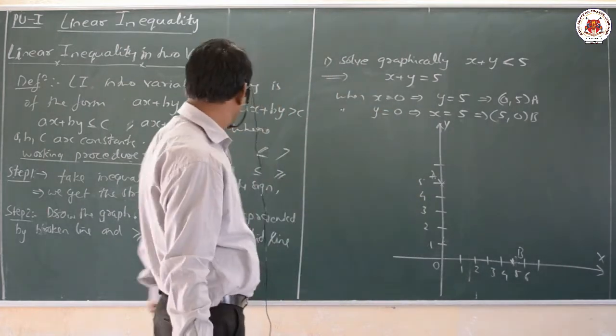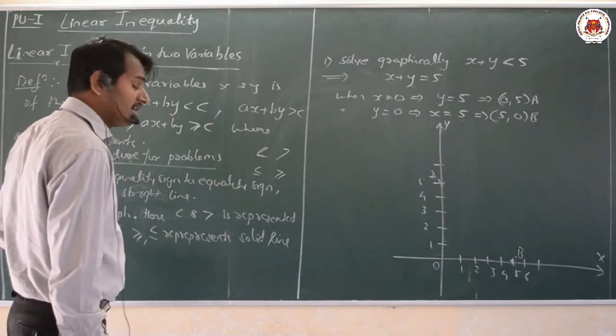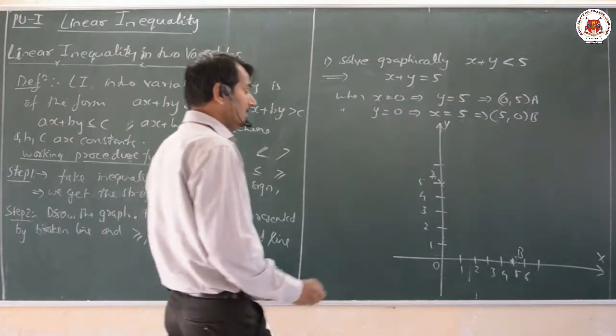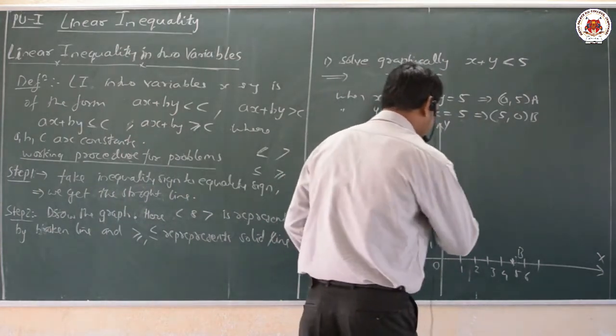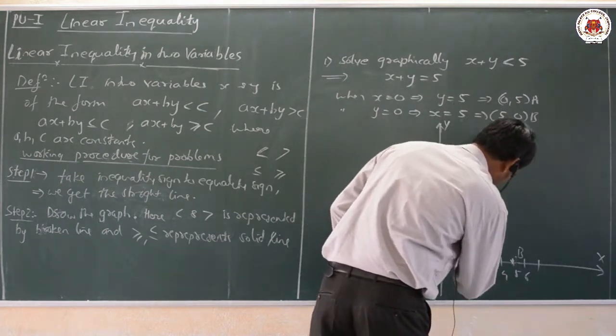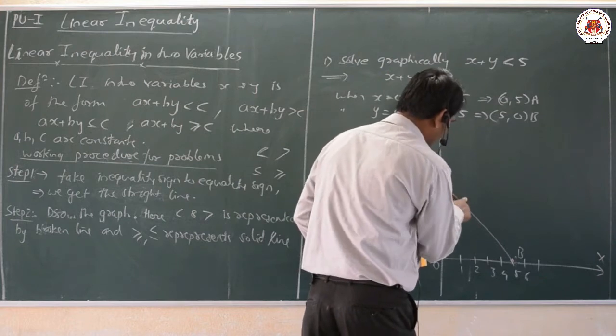But what is the working procedure? If it is a slack variable, the line is represented by a broken line. We have to draw a broken line here, not a solid line. This is nothing but our broken line.